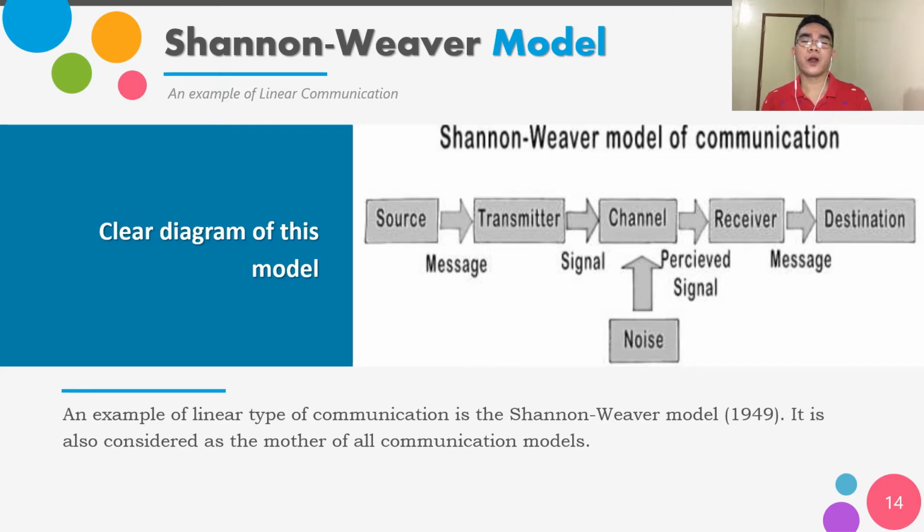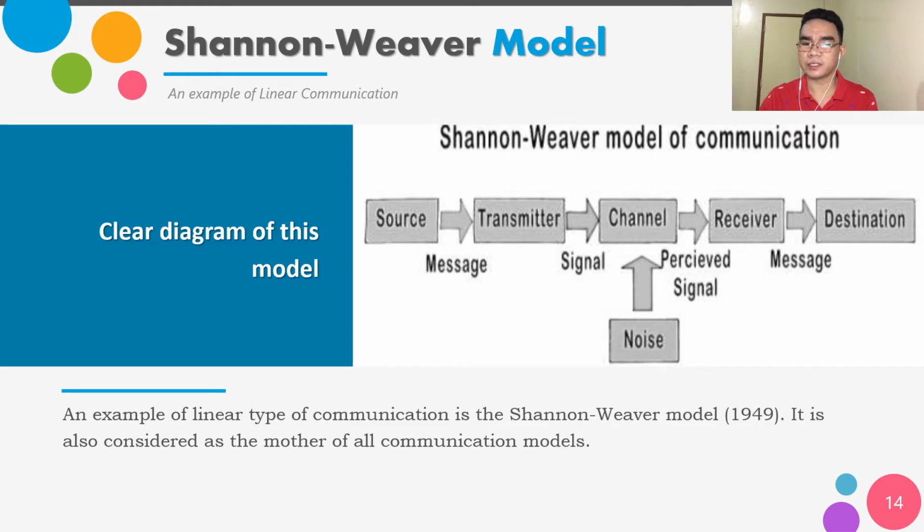So the problem is the internet connection. There is a slow internet connection, which causes delay in sending the message to my friend, who is the receiver. That is already a noise. Okay, I hope you understand the Shannon-Weaver model of communication.